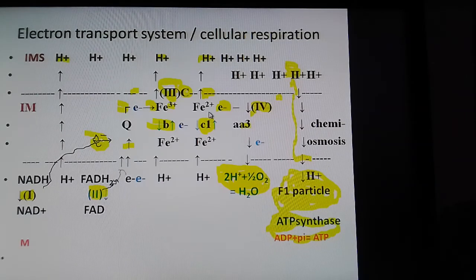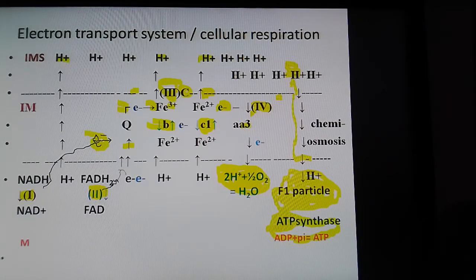And then this electron, after coming out of these cytochrome redox reactions, will get into one more cytochrome a3 complex, that is complex 4, which will be accepted by the oxygen, which is said to be the final electron acceptor.